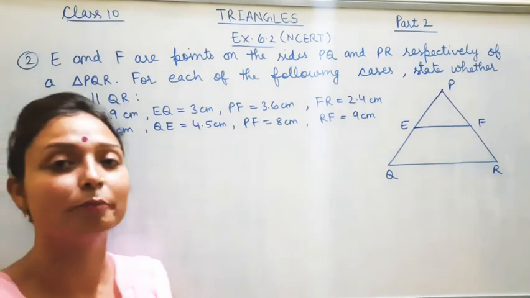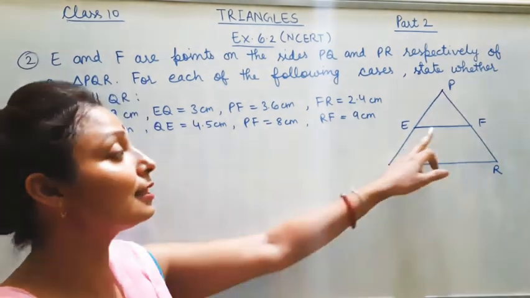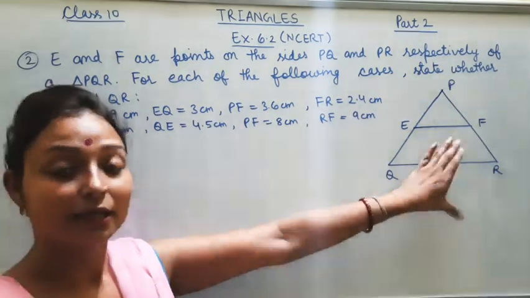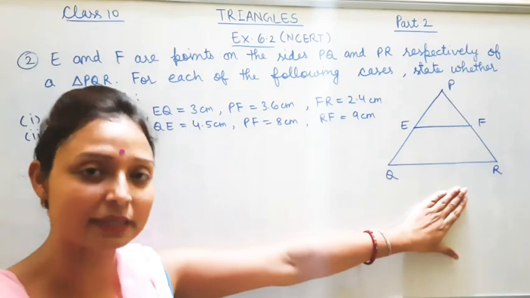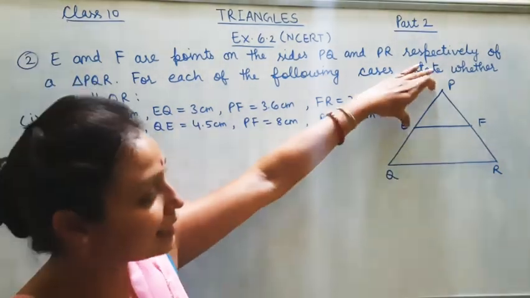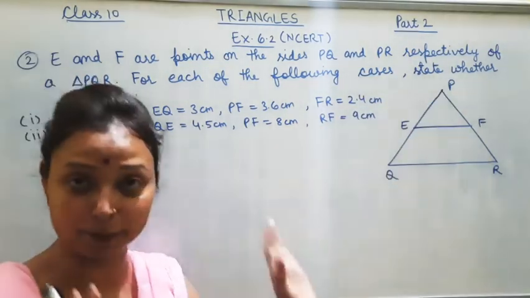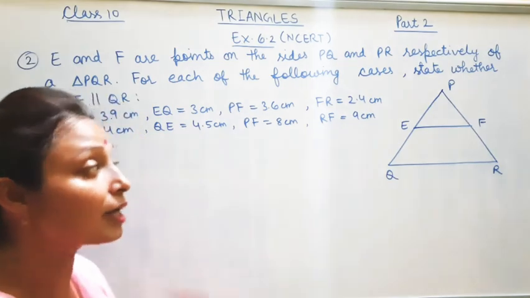What is the converse of BPT? If the sides are proportional, then the two sides are parallel. First of all, BPT says that if these two sides are parallel, then these sides are proportional. This is BPT, and the converse of BPT means the inverse of that.